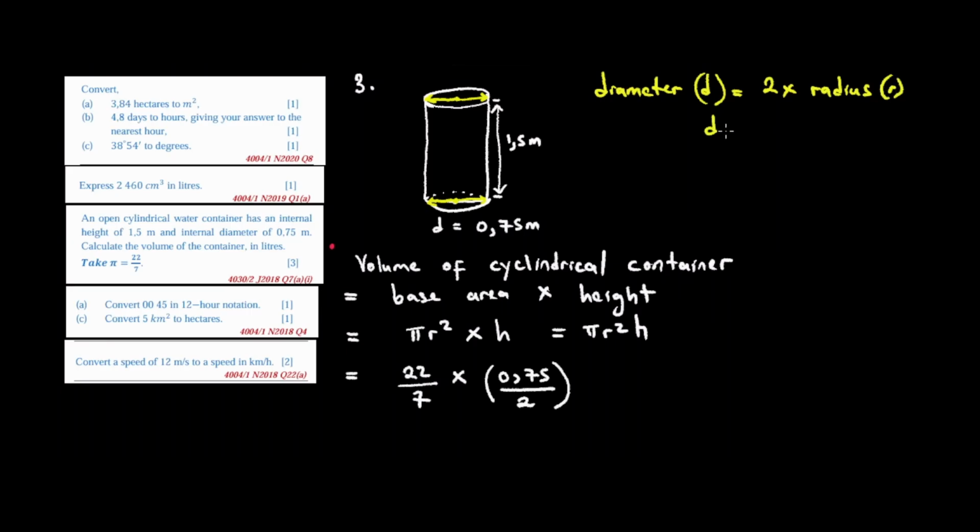In short, d is equal to 2r, or you can write r is equal to d/2.